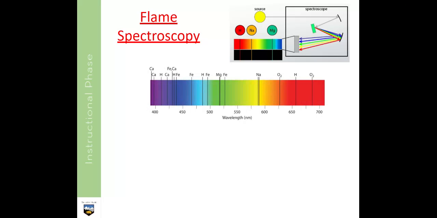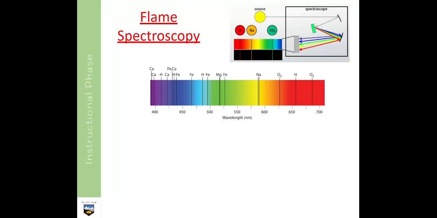So if you look on this diagram on the screen, you can see the lines that are produced when certain metal ions give out light. You can see that we've got the visible light spectrum split up into its individual wavelengths and colours, and you can see the lines of where they gave out light.